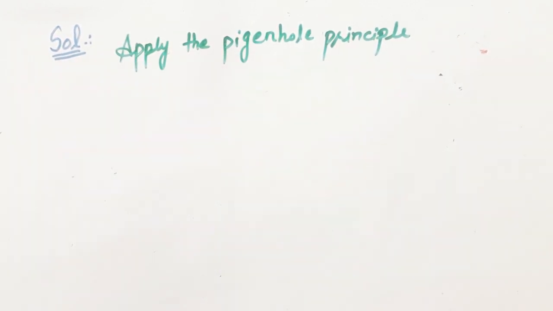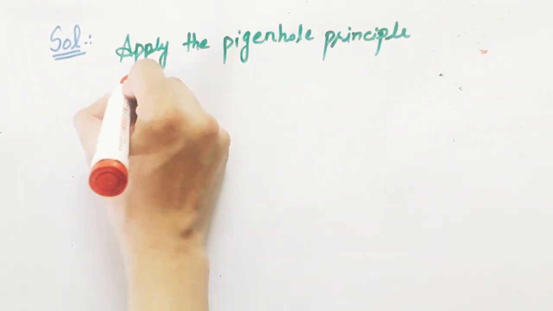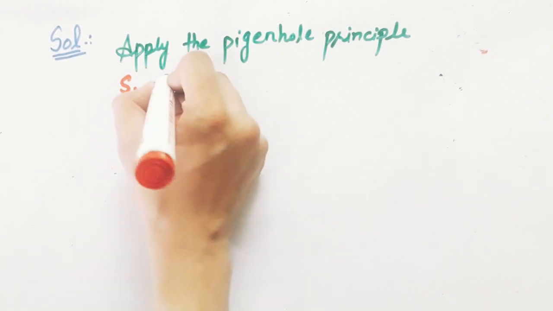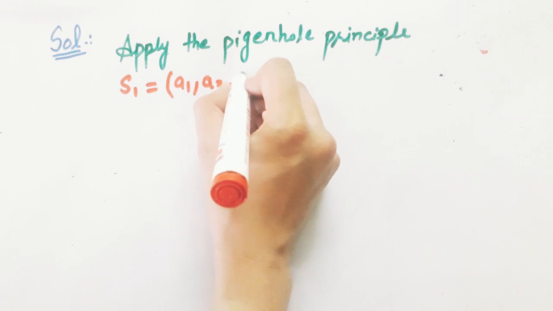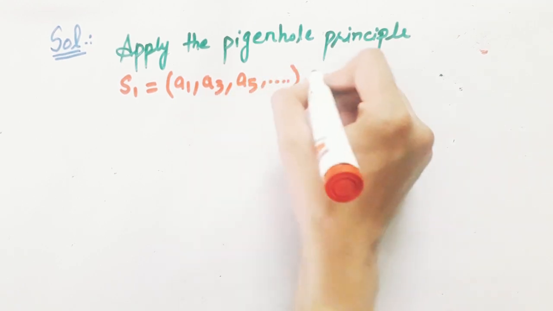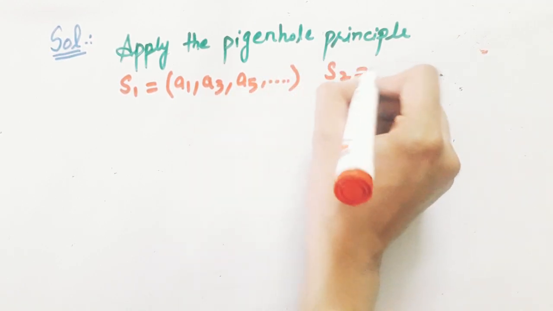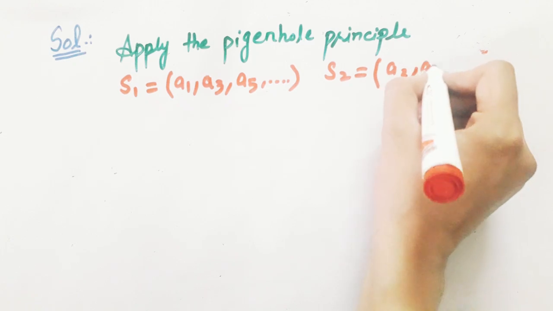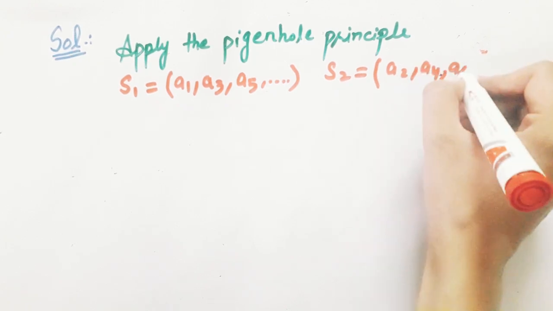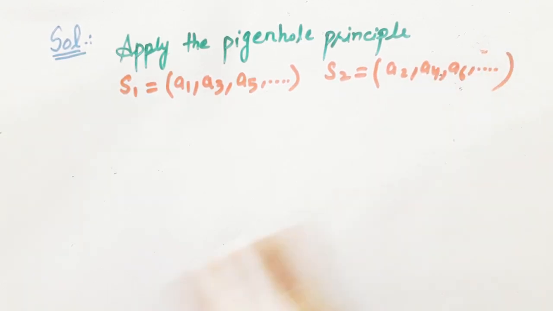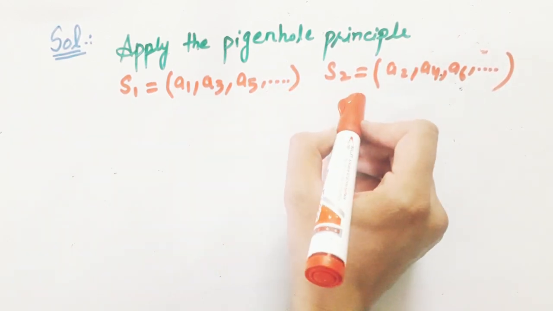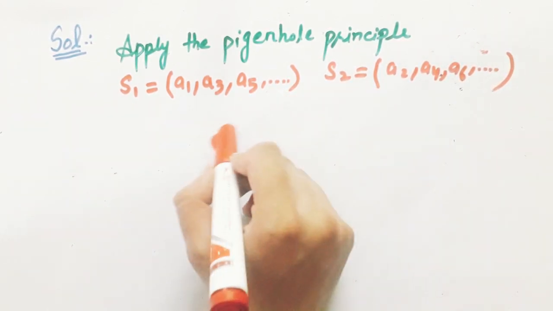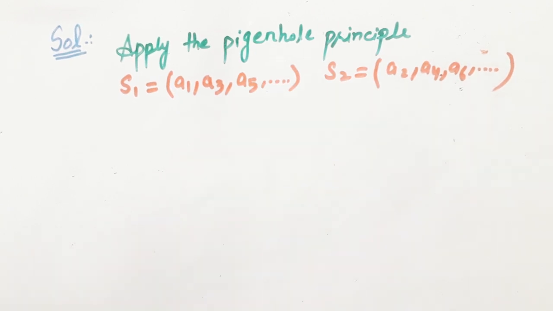According to pigeonhole, we consider two sequences: S1 equal to a1, a3 on the odd positions, and S2 equal to the even positions a2, a4, a6 and so on. Since the terms are positive integers, they are either unbounded or eventually bounded. So two cases arise.